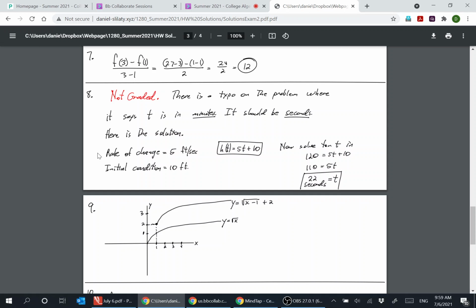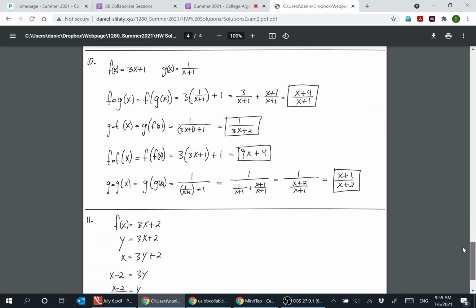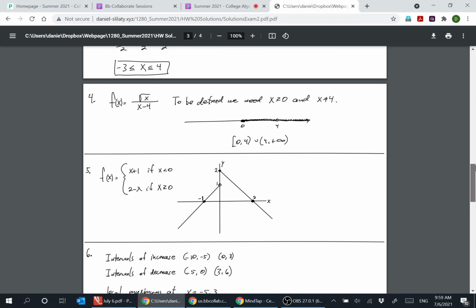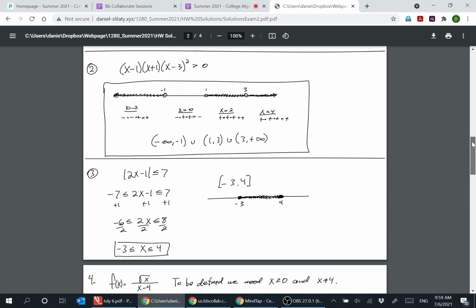I made a typo on the exam. It said T in minutes when it was supposed to be seconds, and that caused confusion. So it was supposed to be seconds, and here's what the solution looks like. Everyone just got full credit on that one. And see where you went wrong on the other problems as well.